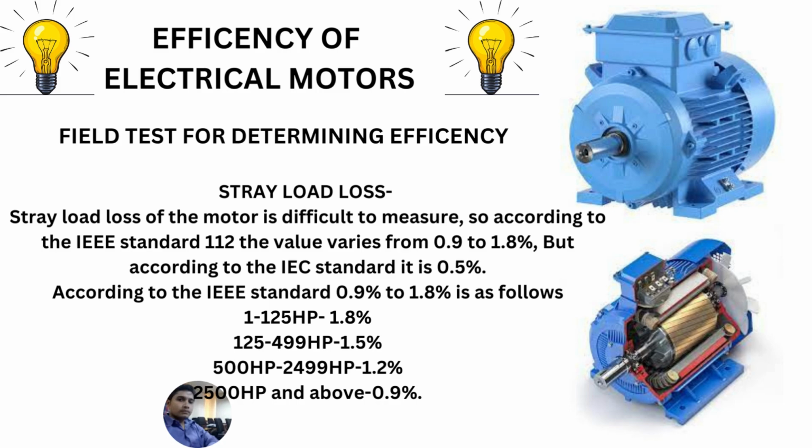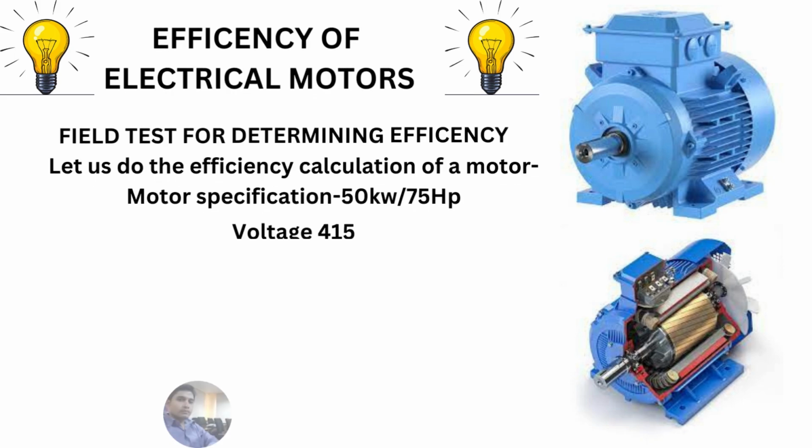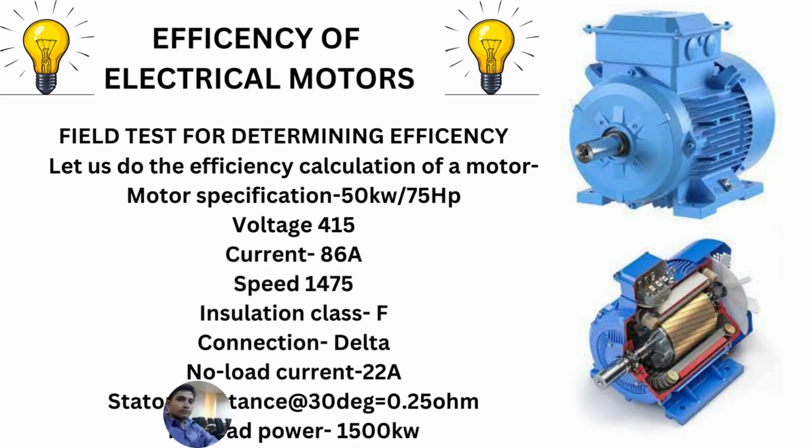So, according to the IEEE standard, it is staged as: for 1 to 125 HP motors it is 1.8%, 125 to 499 HP it is 1.5%, 500 HP to 2499 HP it is 1.2%, and 2500 HP and above it is 0.9%.